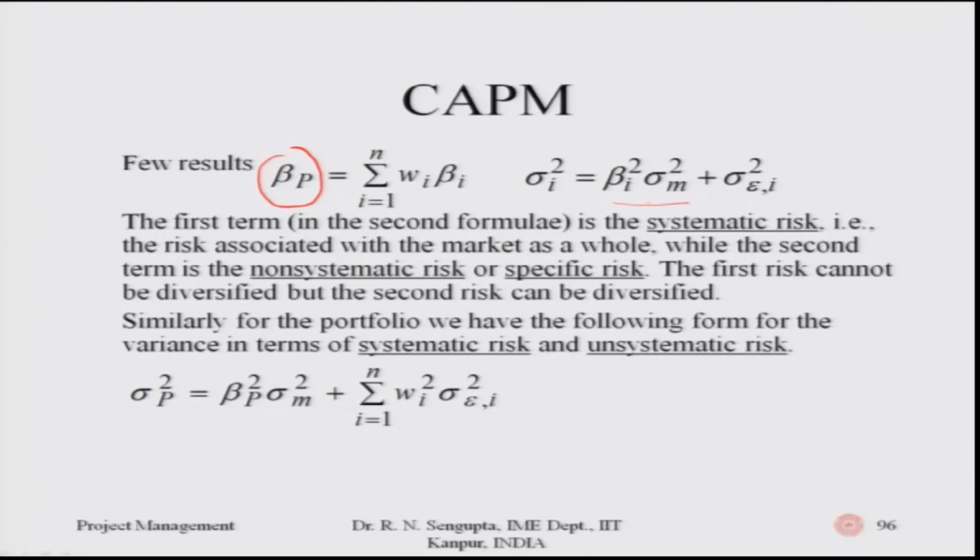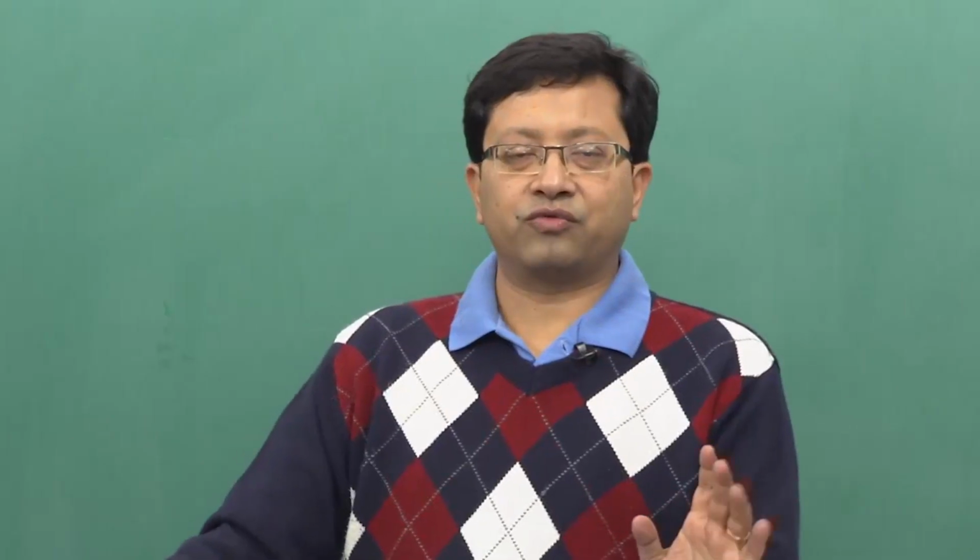The first term is the risk which is dependent on the market: sigma square m is the variance of the market, multiplied by the square of the beta corresponding to each asset, plus the overall risk of the white noise. Obviously, for any project there would be variations, which would be coming from external sources. So, it consists of two parts.